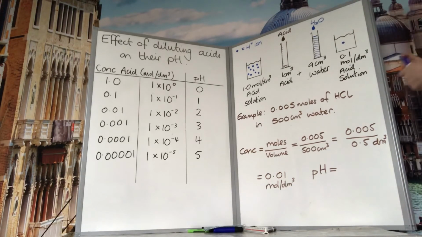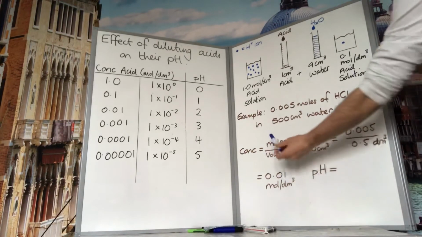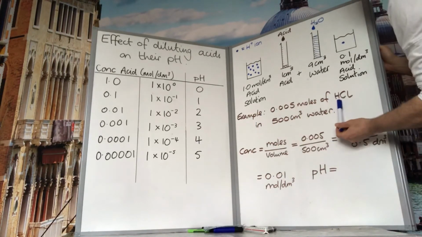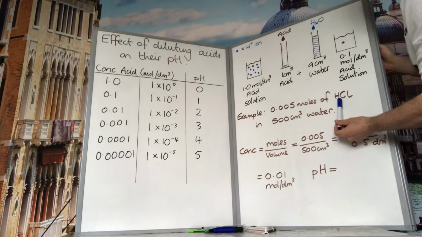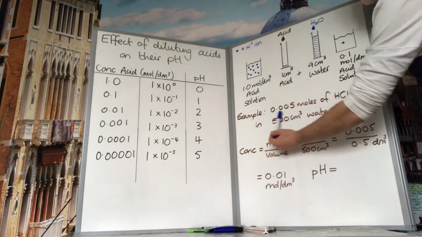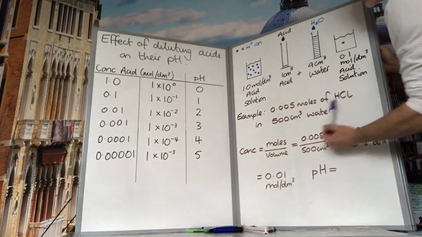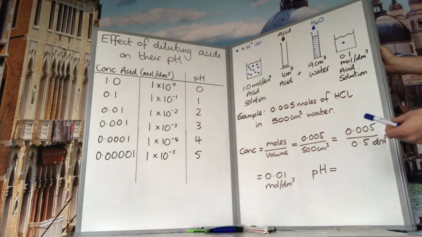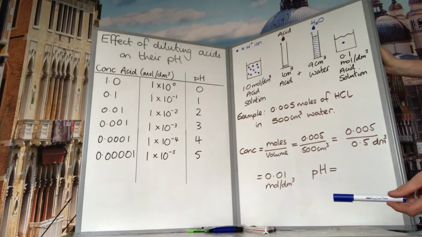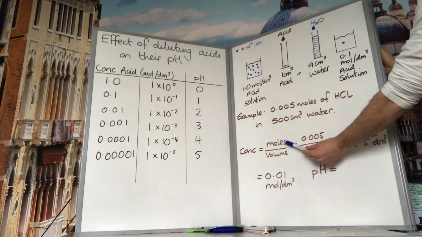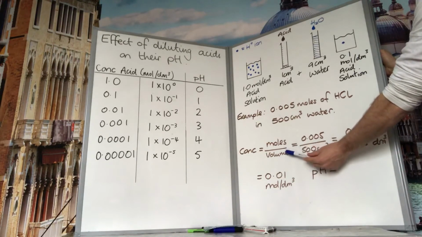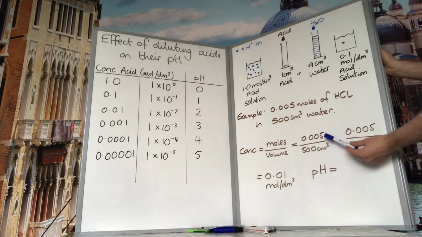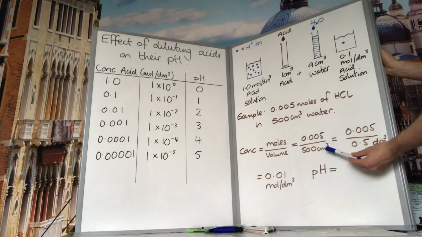Okay? An example of the sort of exam questions you're going to get: 0.005 moles of HCl in 500 centimetres cubed of water. First thing we need to do is calculate the concentration. Referring back to C4, that is moles divided by the volume, which is 0.005 moles divided by 500 centimetres cubed.